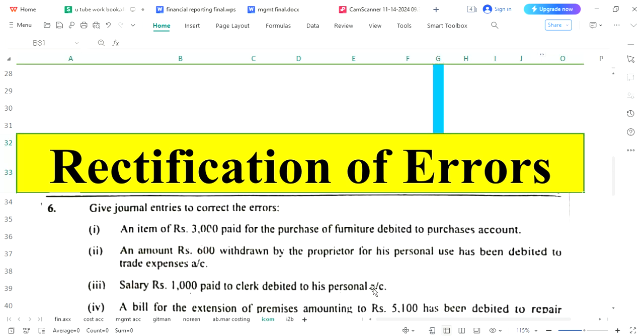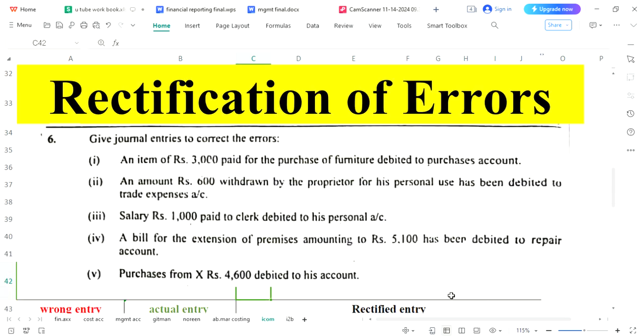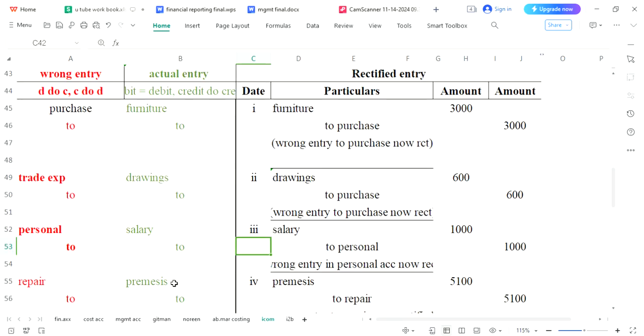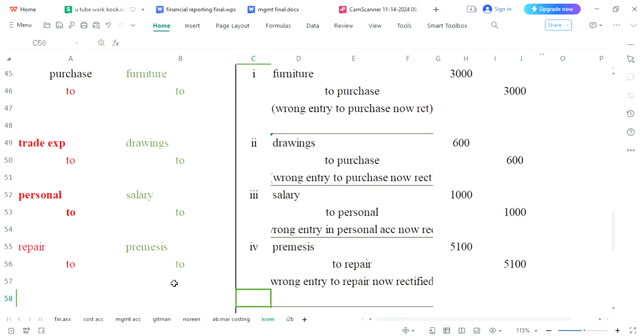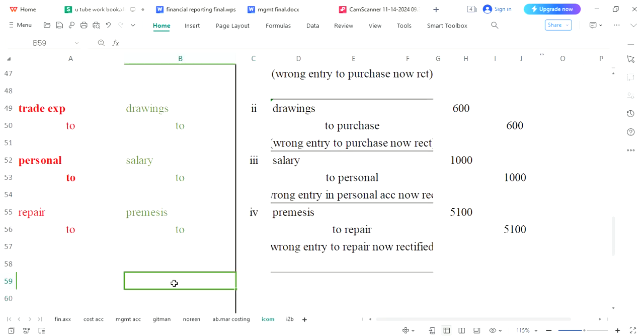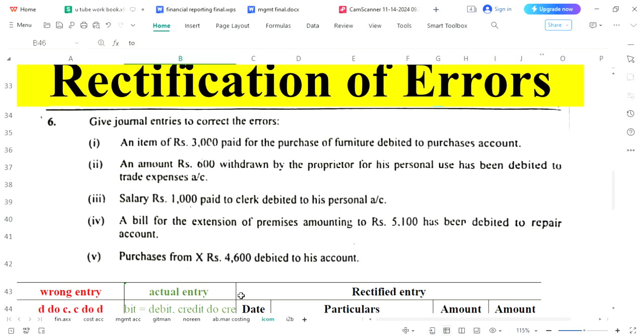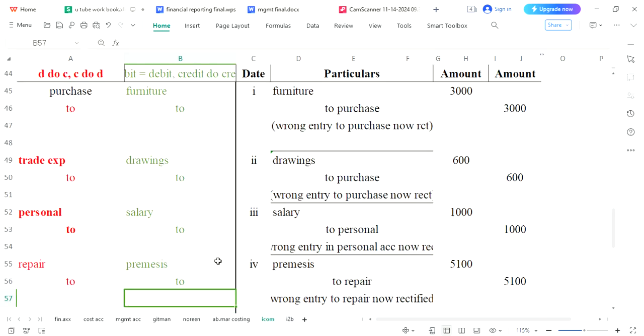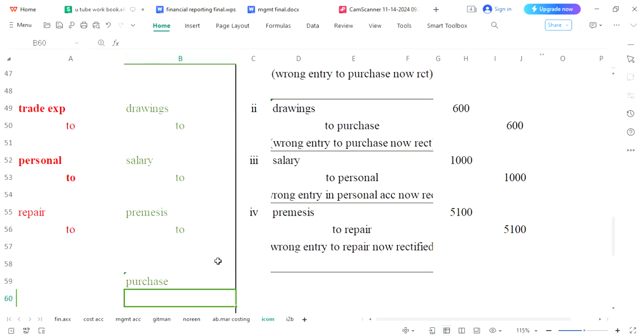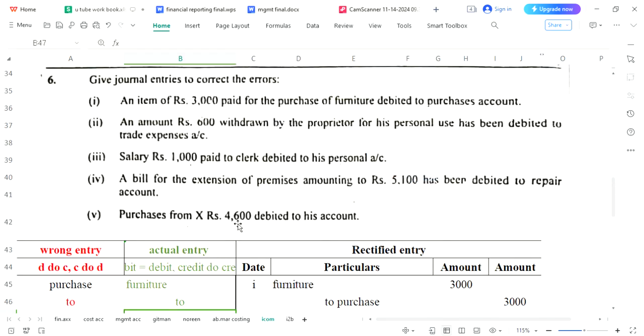Now the last entry, fifth: purchase from X. As you know, purchase means goods are coming in. It should be debited. So purchase to customer. Let's see what the name of the customer was. X. So purchase to X we were supposed to write, but what mistake have we done?